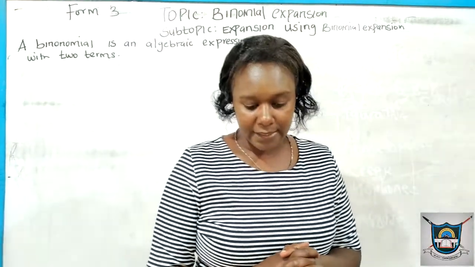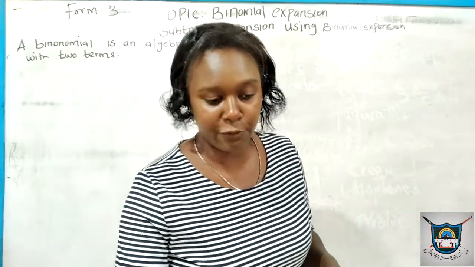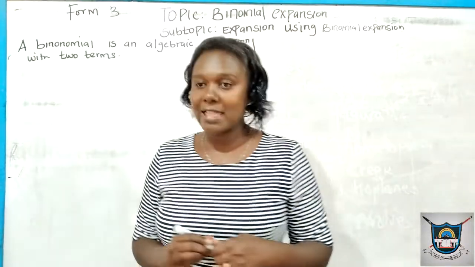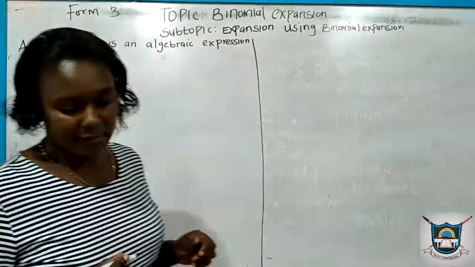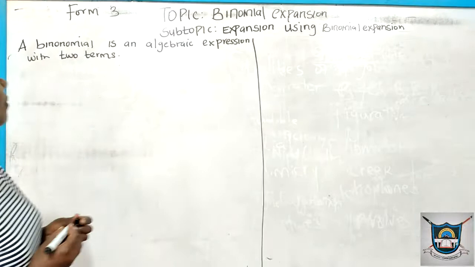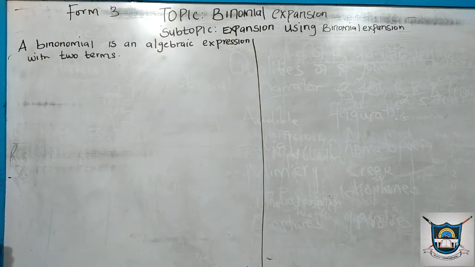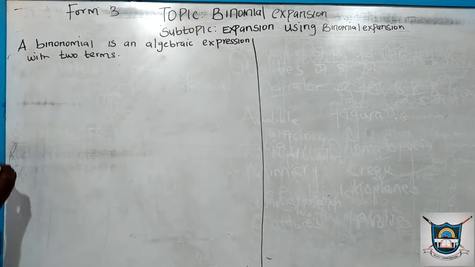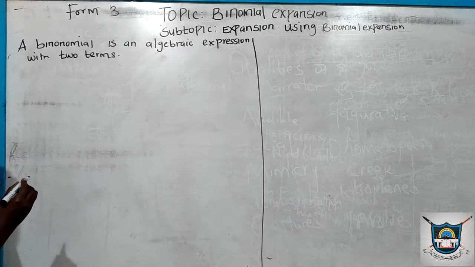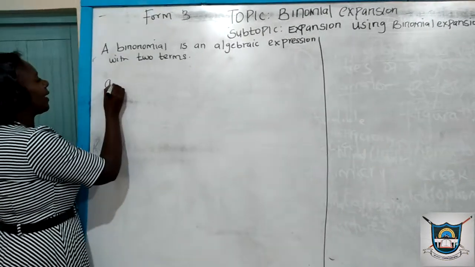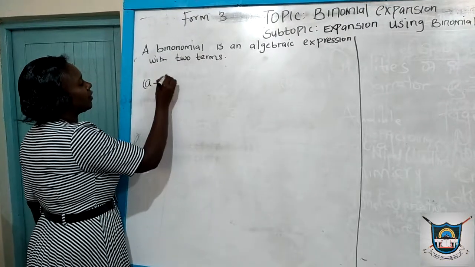Before we go to that, we will review what we did in Form 2. We did some expansion of up to power 2. For example, we did (a + b) squared.